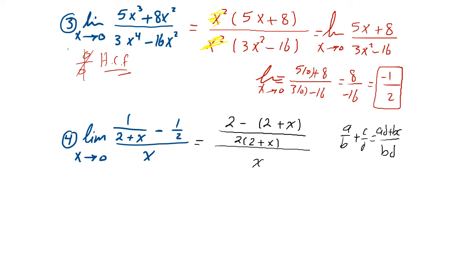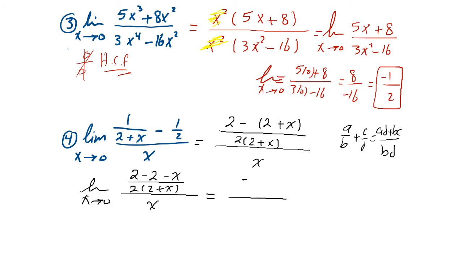I have a new denominator, 2 multiplied by (2 plus x), and up top 2 minus (2 plus x). So the limit as x tends to 0 for (2 minus 2 minus x) over 2 multiplied by (2 plus x), all of it divided by x, which is equal to negative x over 2 multiplied by (2 plus x), divided by x.